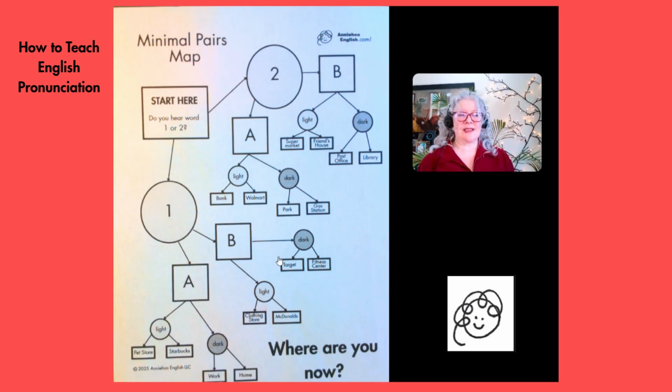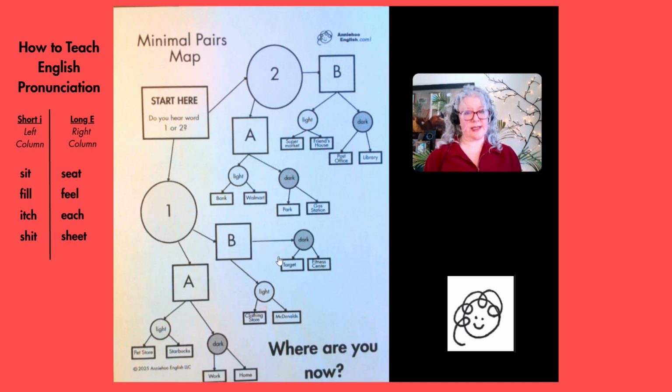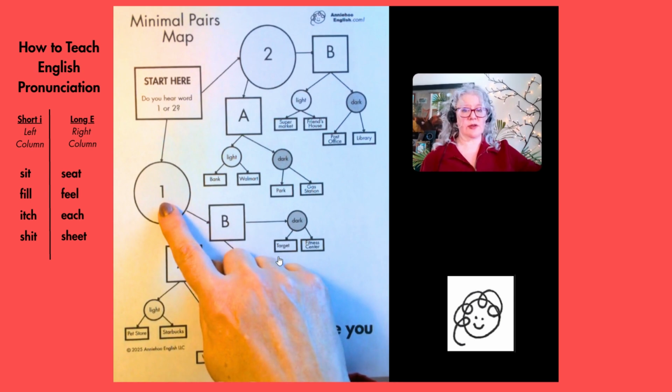We're going to say a word from each row, okay, just one word, and you have to figure out, depending on the column that it's in, where to go on this map. Okay, so for example, the first word, if I say sit, since that's in the column on the left, you would go to 1.